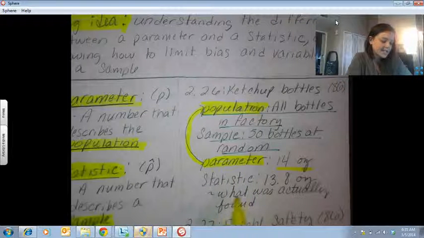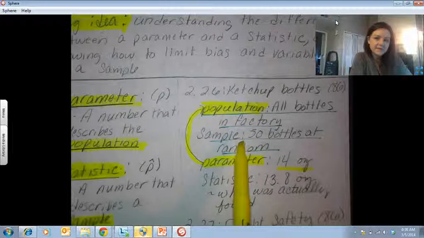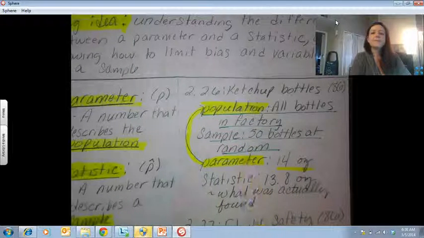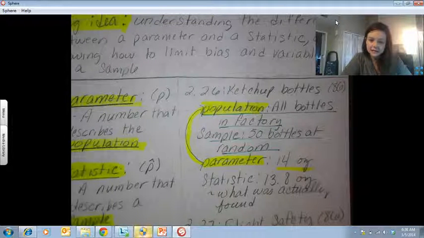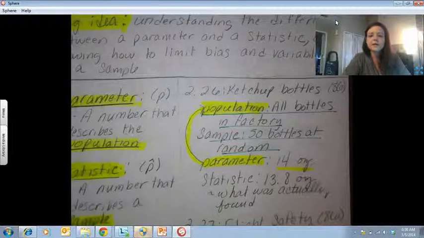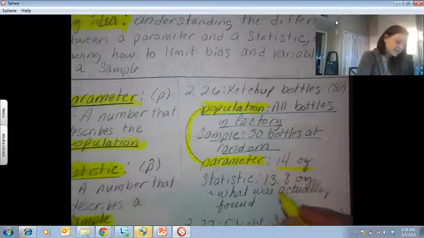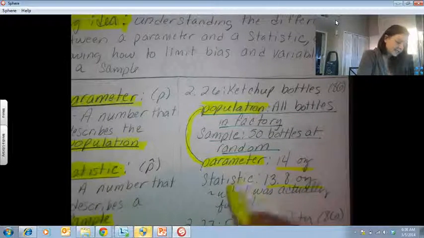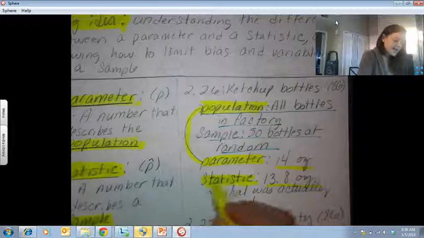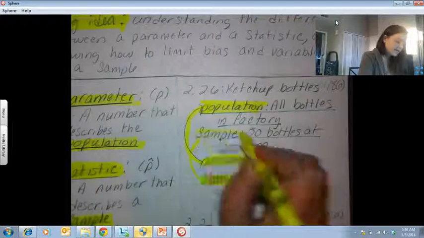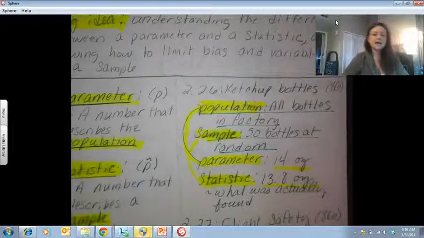The statistic is that only 13.8 ounces, because this is out of the 50 bottles that they sampled. The average was 13.8 ounces per bottle, okay, and a statistic is always going to come from that sample. So the statistic number is 13.8 ounces, all right, and the statistic, S, is going to match up with the S in the sample.